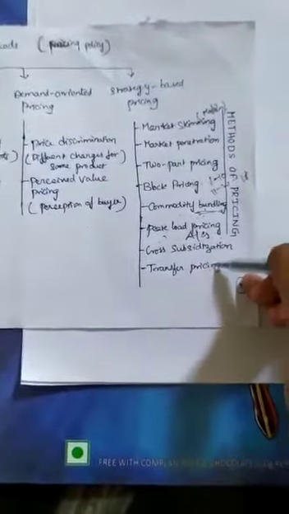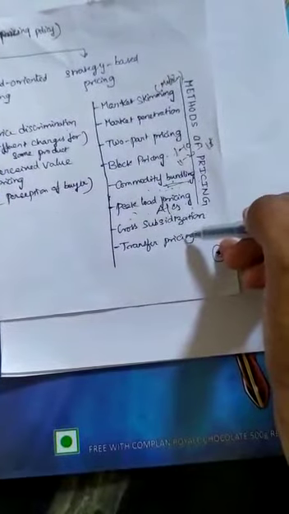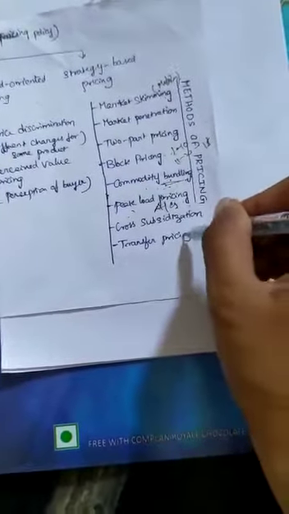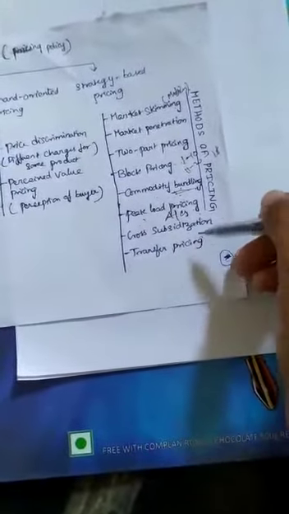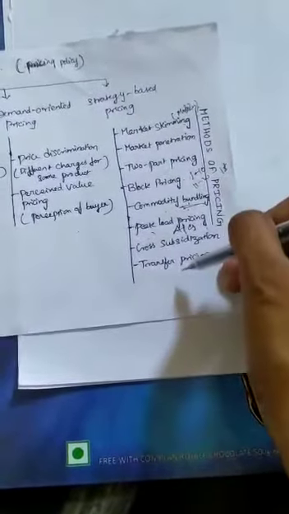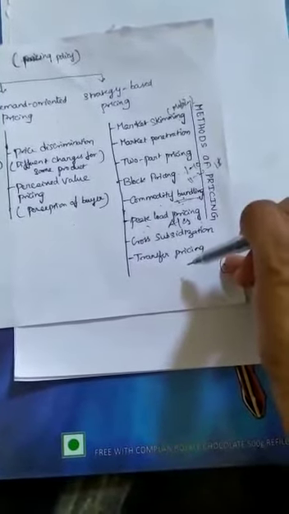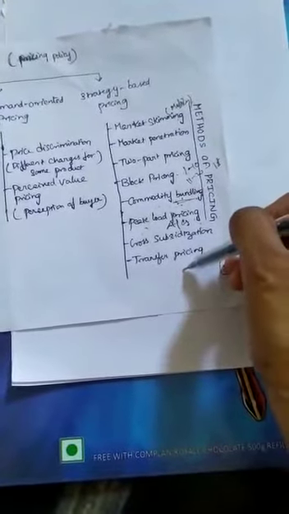Next, transfer pricing. Here the goods or services are sold between legal entities. The best example is India exporting medicine, hydroxychloroquine, to America.